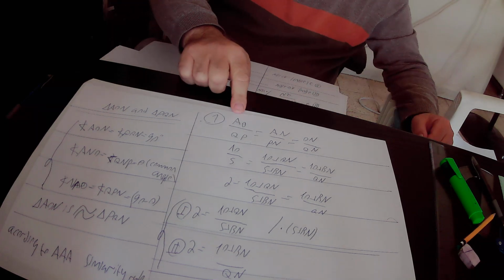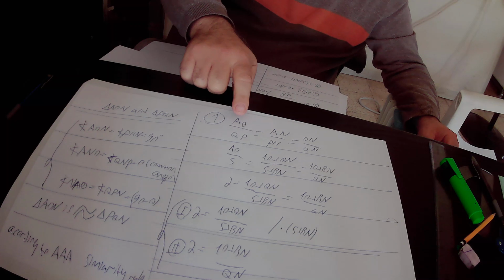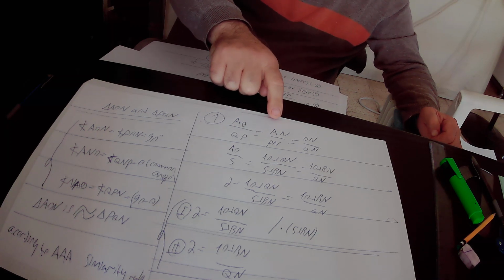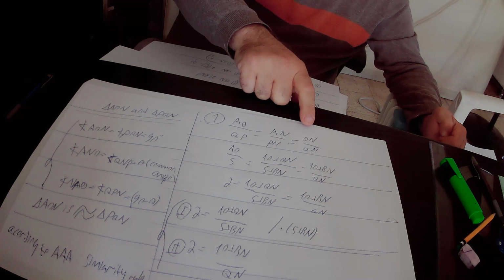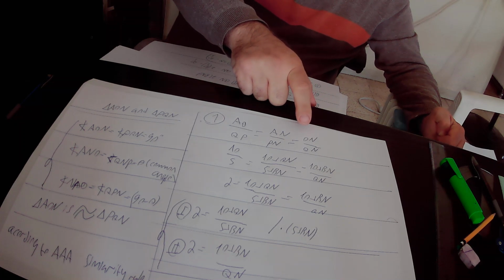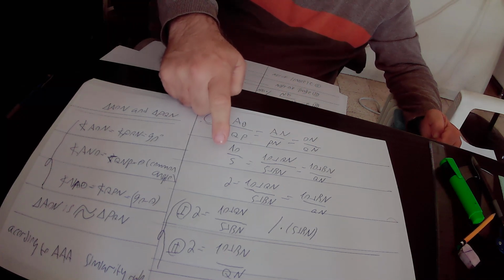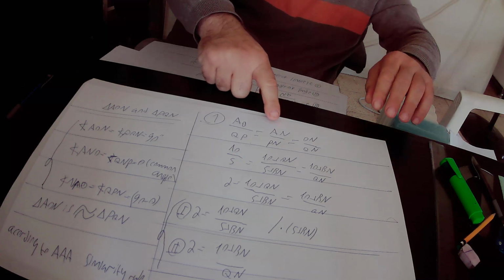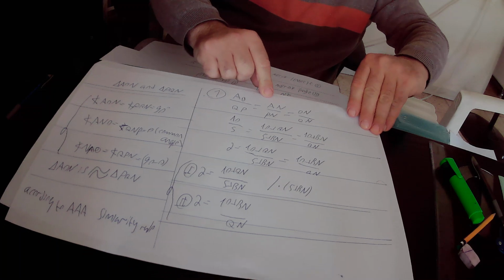AO in the big triangle AON over QP in the green triangle QPN equals AN in the big triangle over PN in the green triangle, and it equals ON in the big triangle over QN in the green triangle. AO is 10, QP is 5, AN equals AN. What is the length of AN?